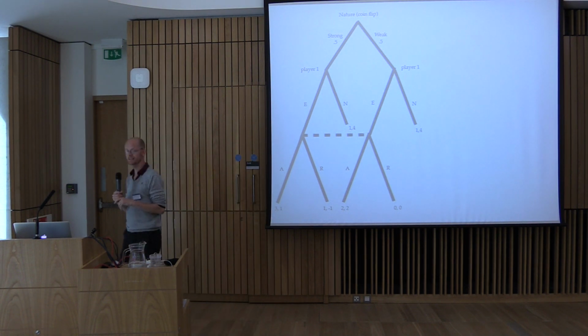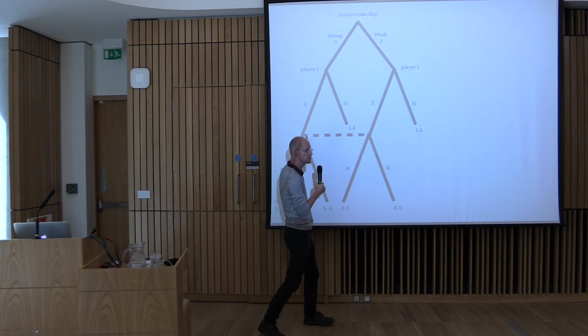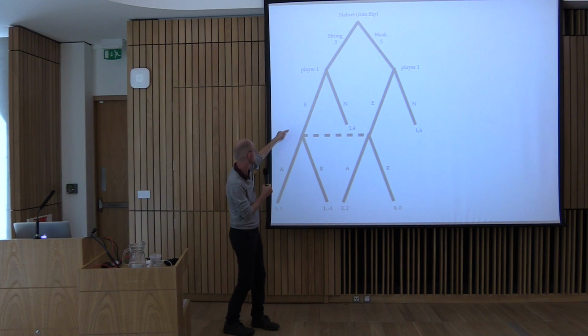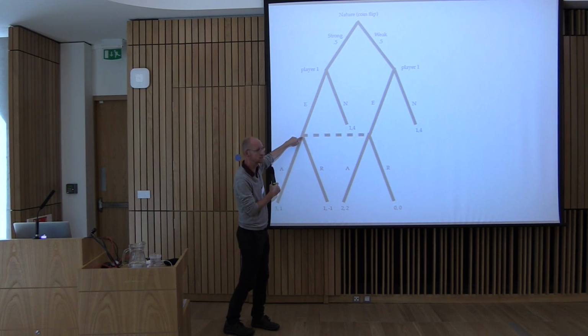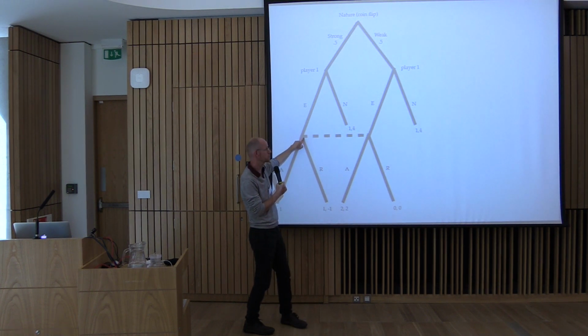It's also imperfect information, that's what you see here. At each node, in this case, player 2 has to choose, but he doesn't know in which node he is. That's what imperfect information is.